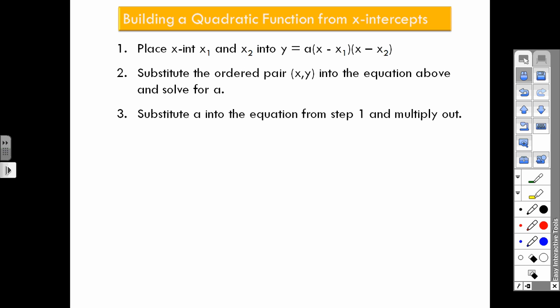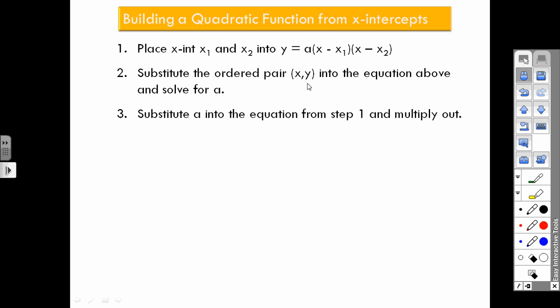So what are the steps that we're going to take to build a quadratic function from our x-intercepts? Well, the first thing you're going to do, if you have your x-intercepts, is place those values in for x1 and x2, knowing that there's still an a here that we don't know yet. Now they're going to give you this third number. This is an extra point that's actually on the graph, something like 5, 1.